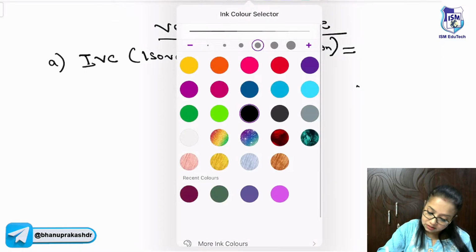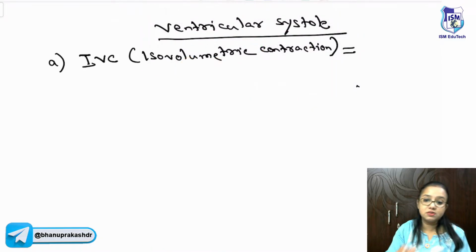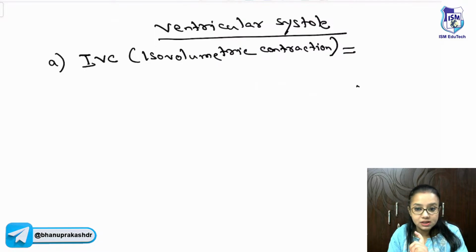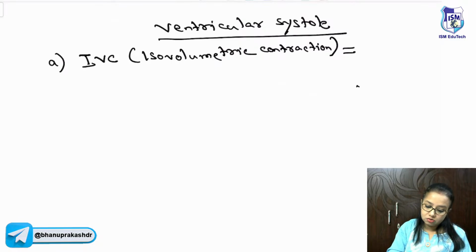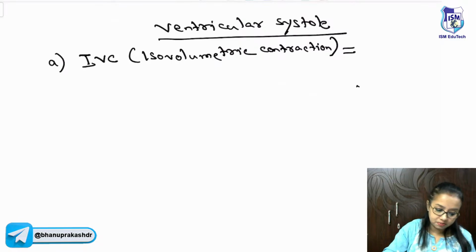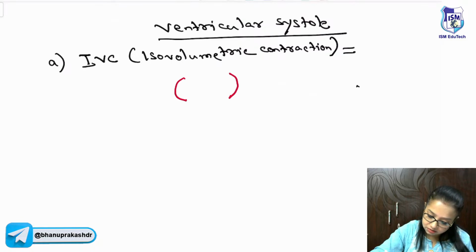Here, let's start with the stage when the rapid filling happened, that is, the atrial systole happened. So when the atrial systole happened, what was the condition? What was the stage? Apical beat happened.